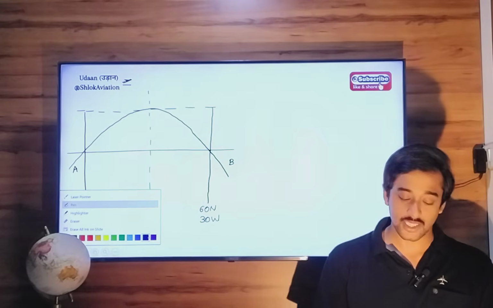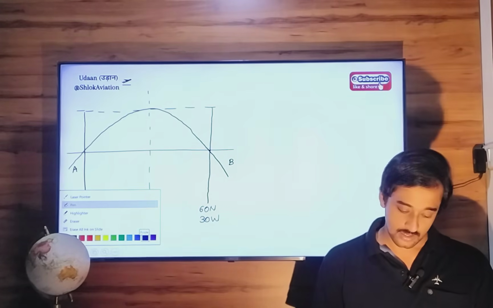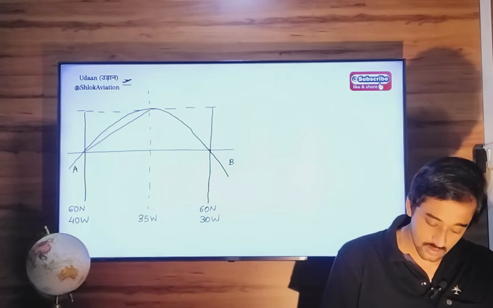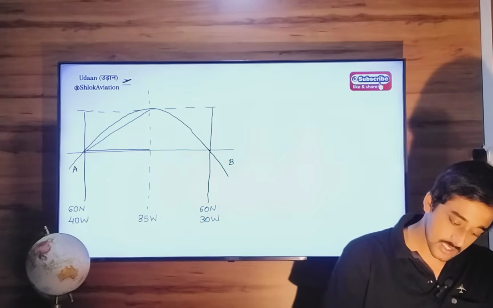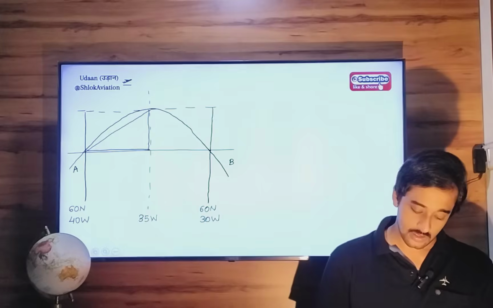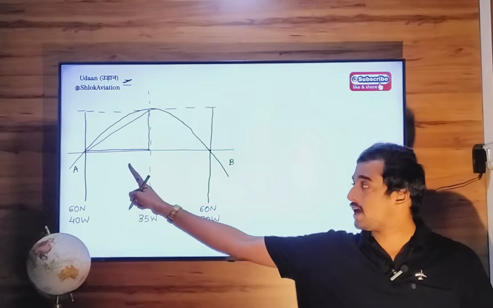Let's now, step 1, make a triangle like this. Okay, this is the triangle that we have made. Now, what is the distance between A and B?